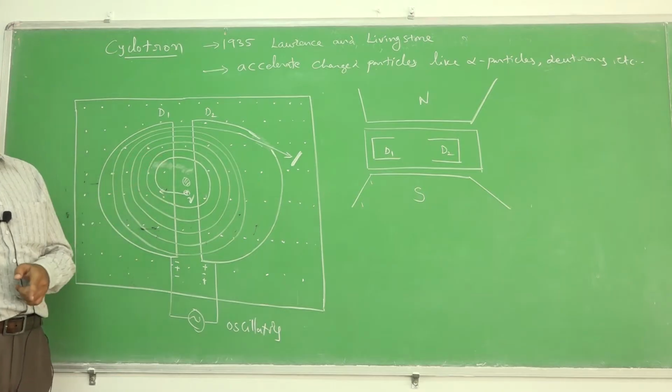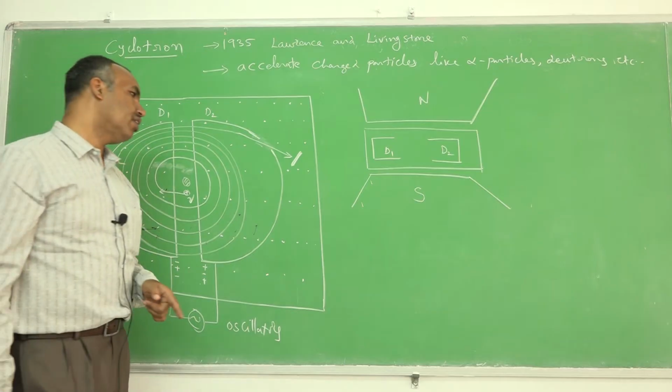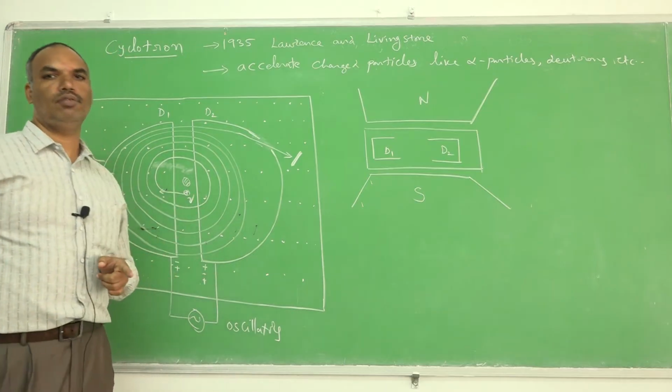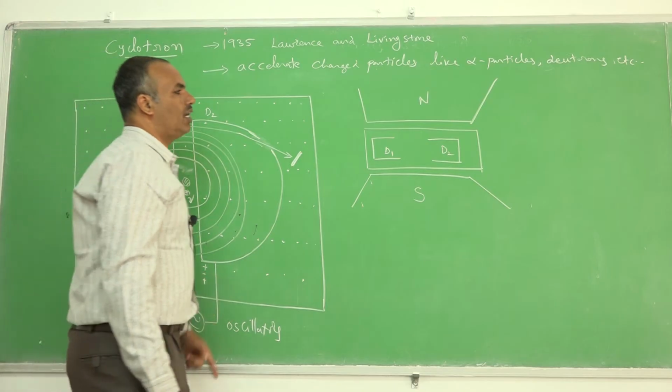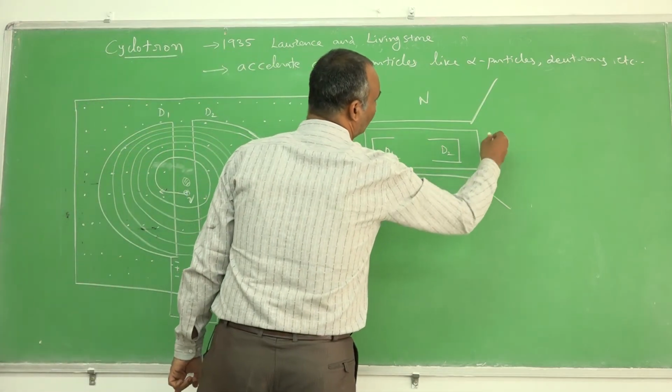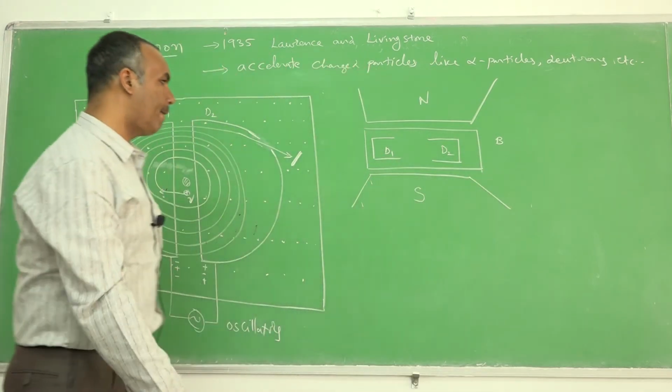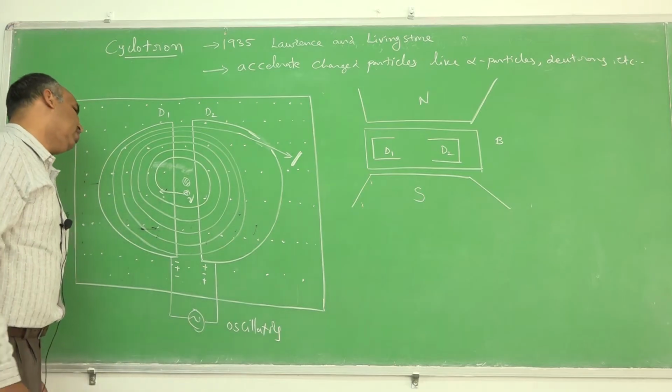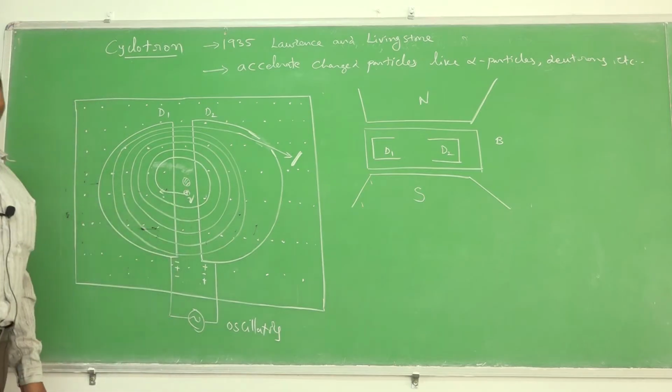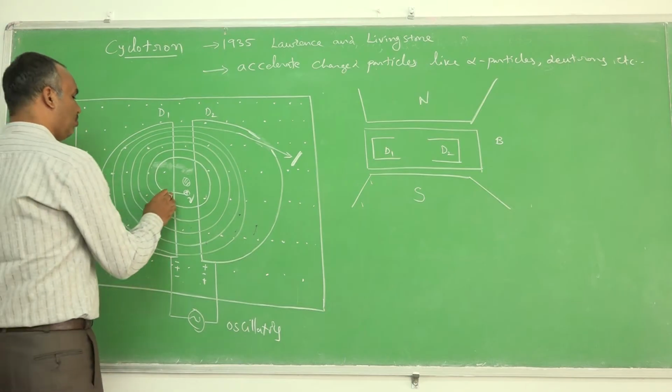Because of the force experienced by that current carrying conductor, like that charged particle, it will move into a circular path. B is the strength of the magnetic field, Q is the charge available on this particle, and it is entering into this chamber with a speed v.